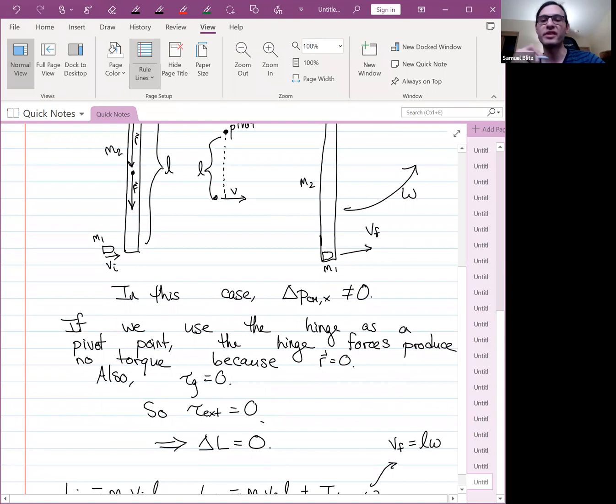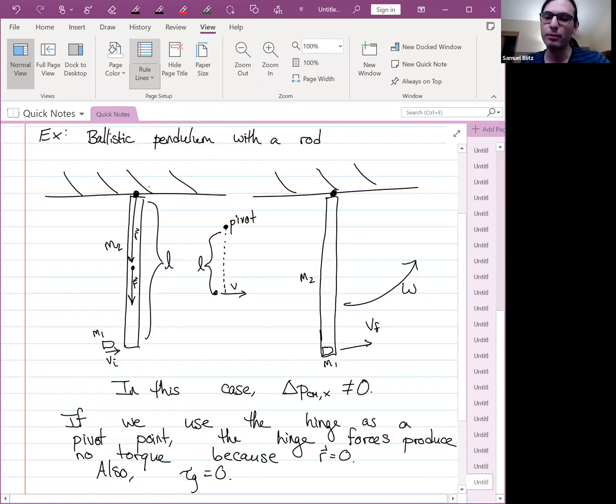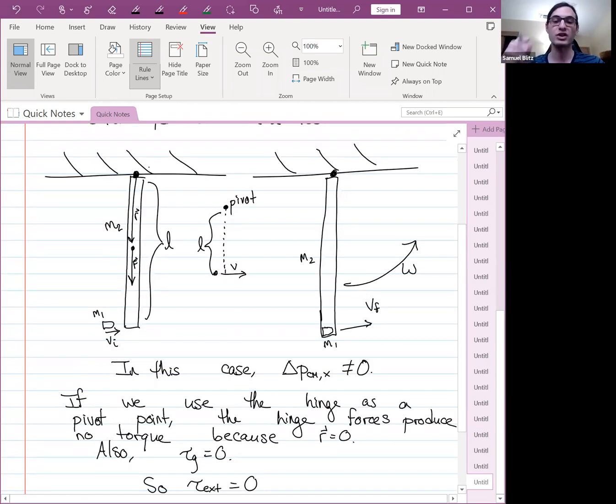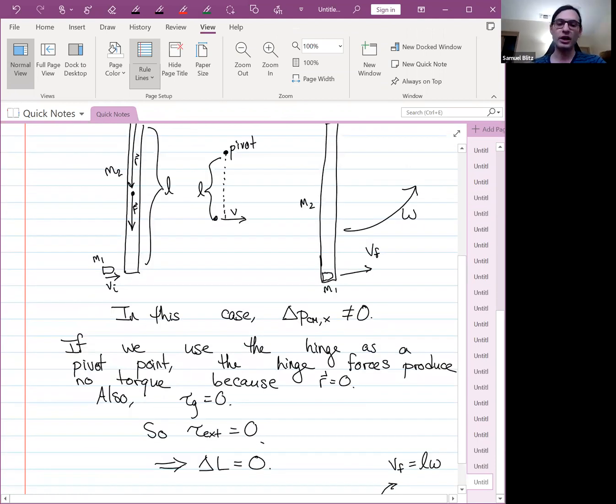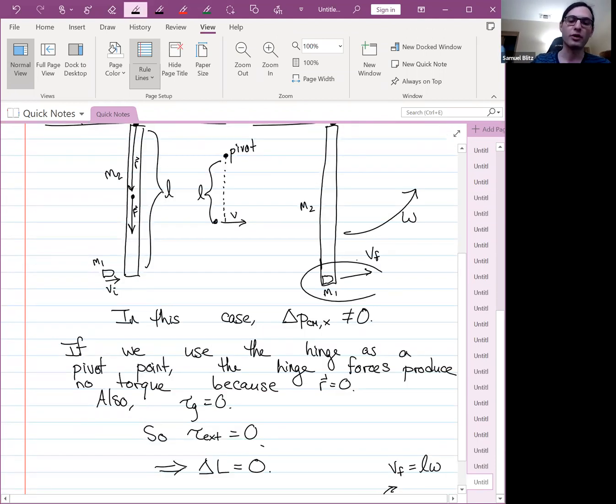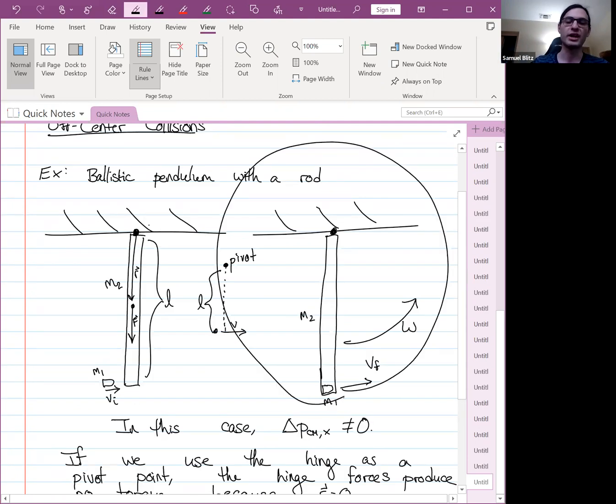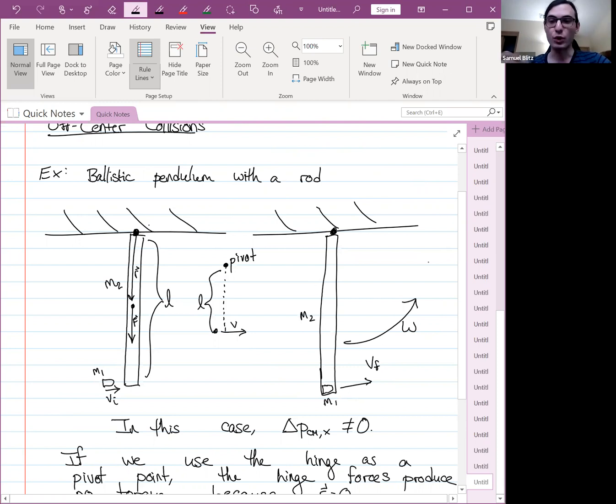If it would take 1 second to go... Why, if r of the bullet is L, shouldn't it be r sin theta? No. So this is before it swings up. This is right after the collision. The rod is still in the vertical position, but now it's moving. Right. So if the bottom part of the rod was sufficiently fast that it would, in principle, make a full revolution in 1 second, then the angular velocity would just be 2 pi radians per second.